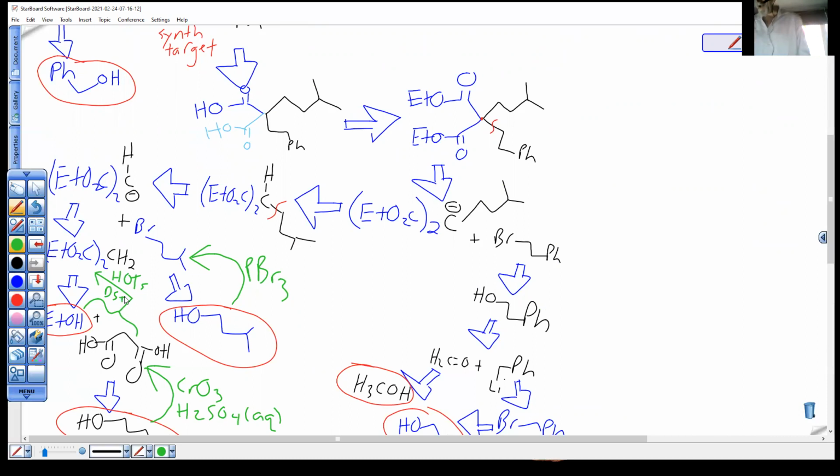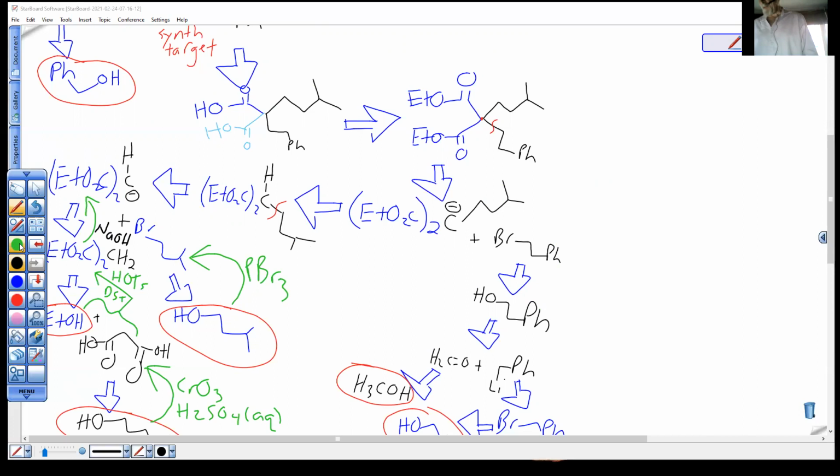And then how do you take the H off? The whole beauty of the synthesis is it's so easy to take this H off. You can use something as simple as NaOH. And there you go. NaOH makes that.